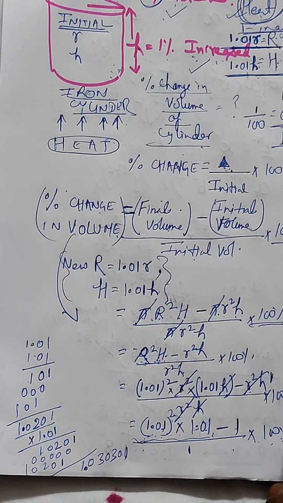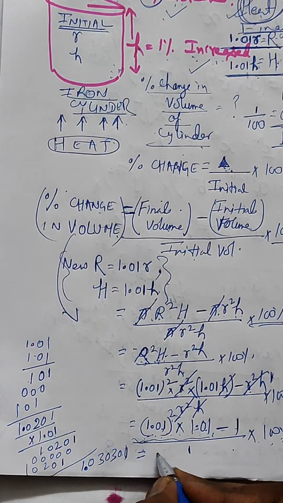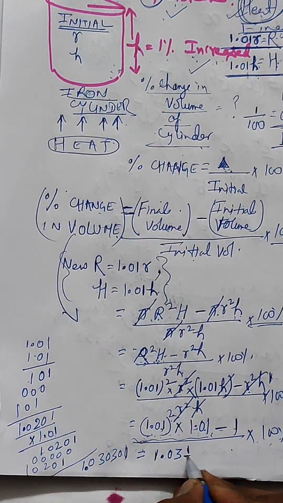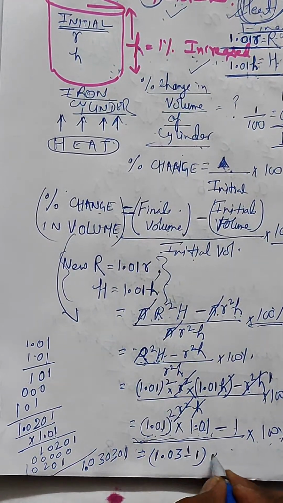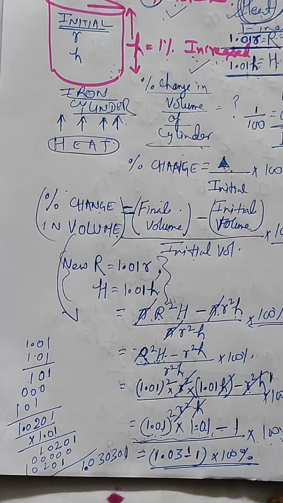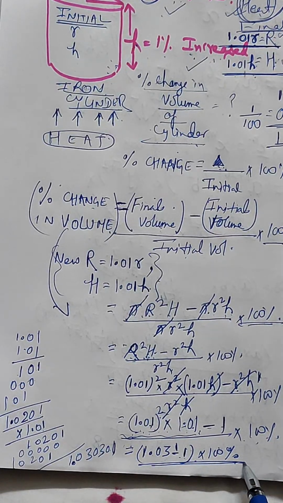So the percentage change is: 1.03 minus 1 into 100% is the percentage change of volume. 1.03 minus 1 into 100 is the percentage change in volume.